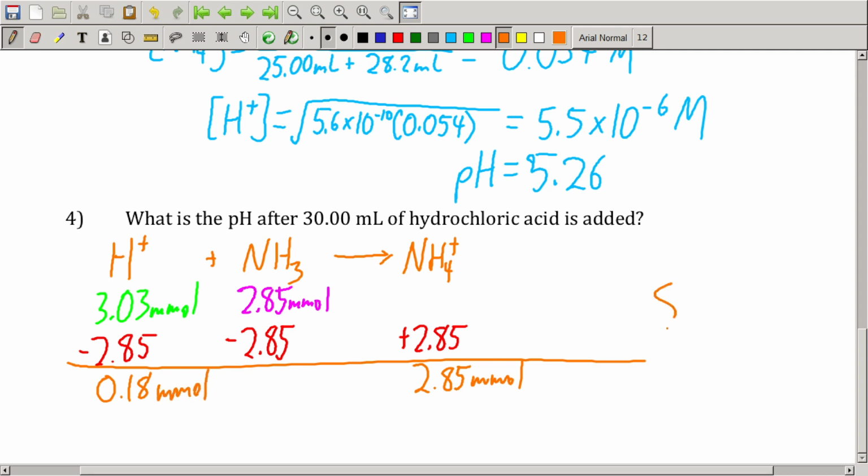Okay. So all we have to do to calculate the hydrogen ion concentration is take my 0.18 millimoles, divide by the total volume. So in this case, it would be 55 milliliters.